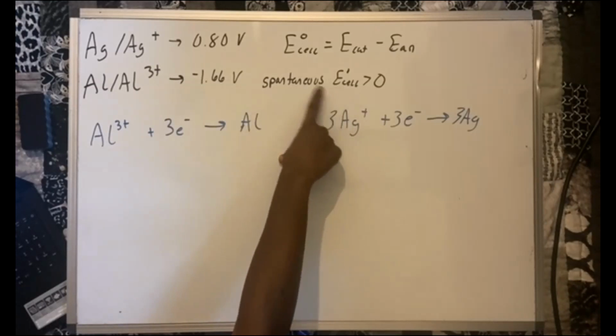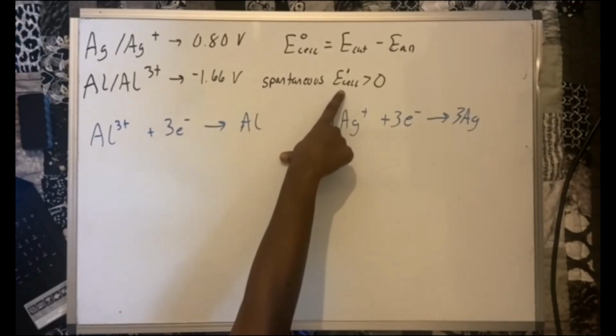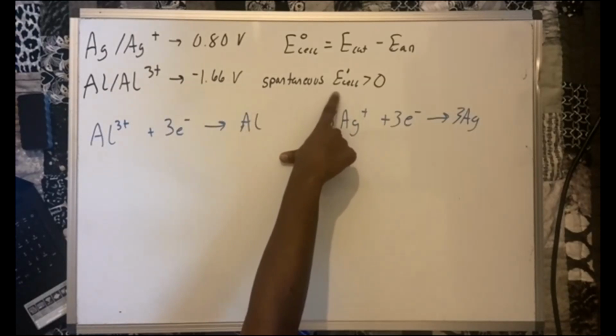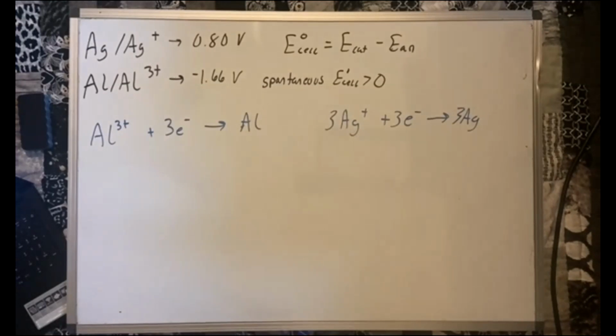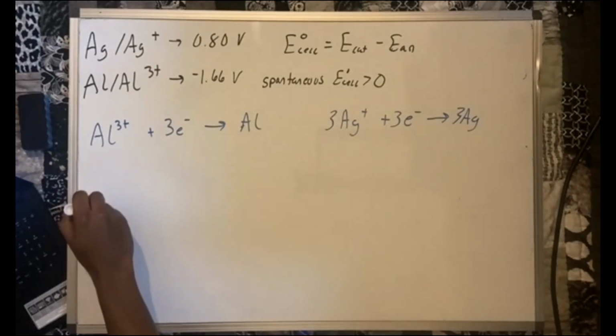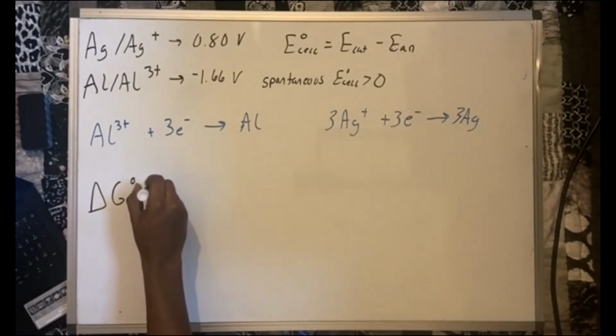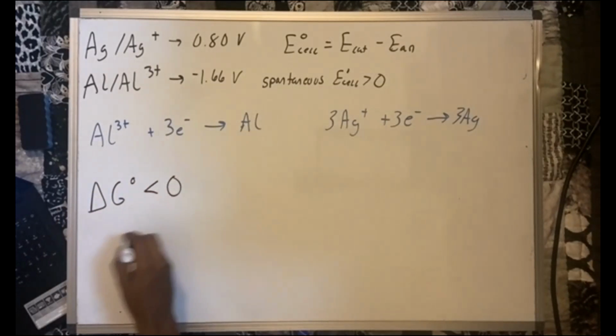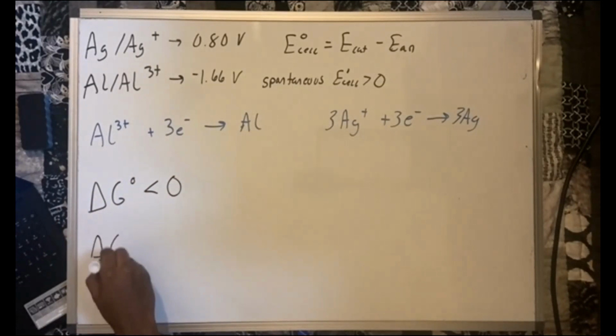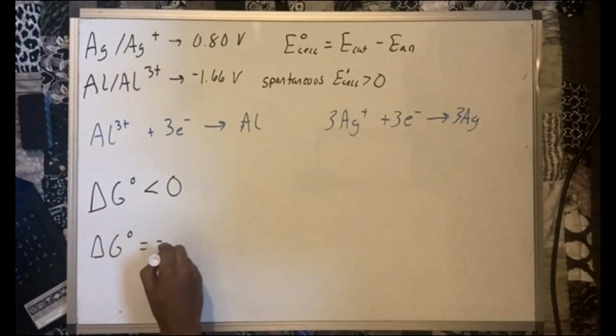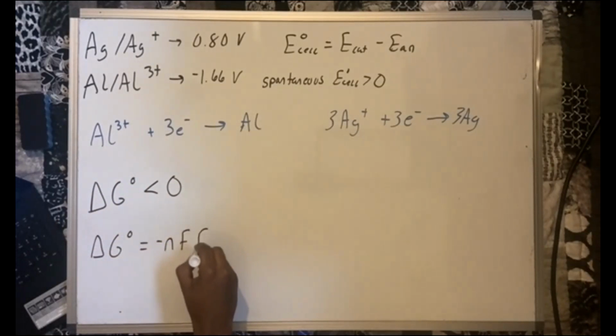Yeah, the reaction is spontaneous when Ecell is positive. Yes, correct. That's just from our delta G relation, right? We know the reaction is spontaneous when delta G is less than 0. We know delta G is negative nFEcell, right?